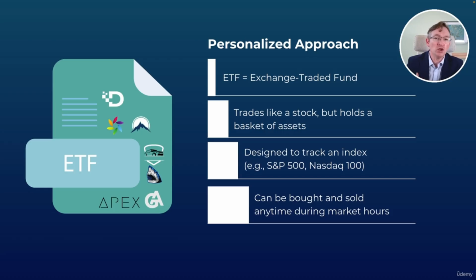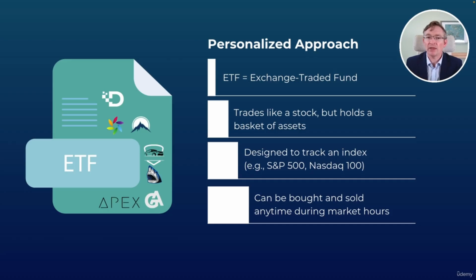So when you buy one share of an ETF like the SPY, you're not just investing in one company, you're investing in tiny pieces of 500 different companies, and that is powerful because it gives you instant diversification in a single simple trade. You can buy the SPY and straight away you've got diversified exposure to the world's largest market, the US market.